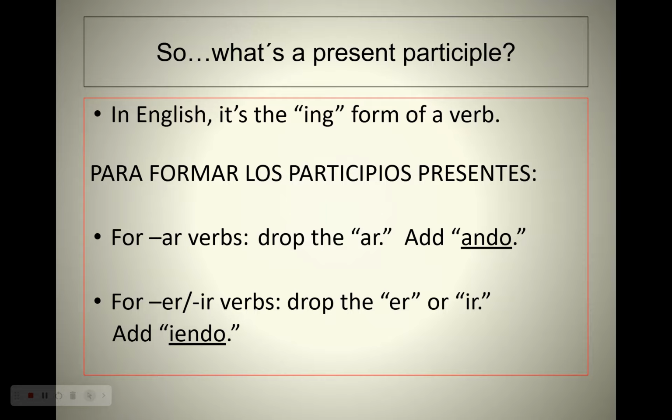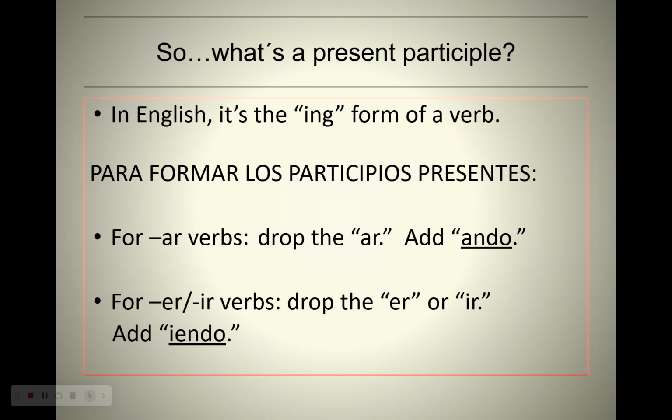So for AR verbs, what you do is you drop the AR, quita la AR, okay? And you add, añade, ando, A-N-D-O. So por ejemplo, el participio presente, the present participle of empacar, to pack, is empacando, packing.